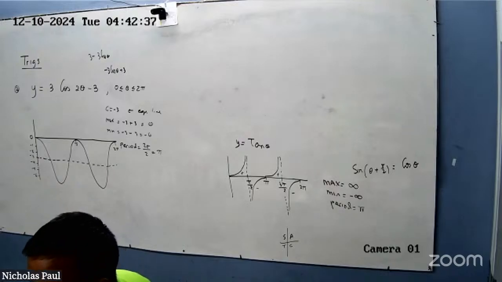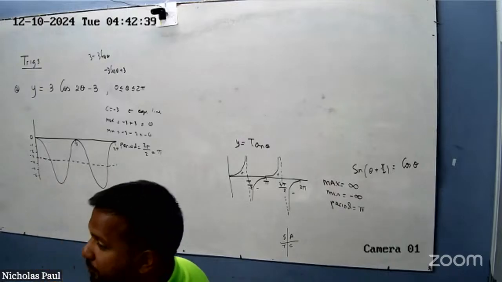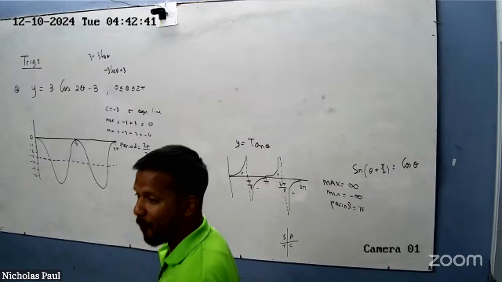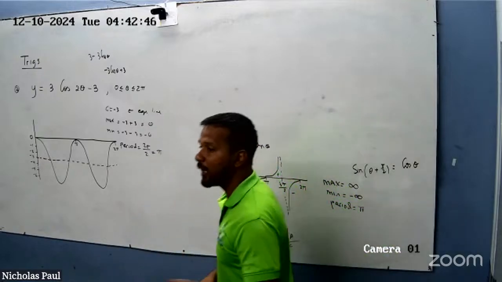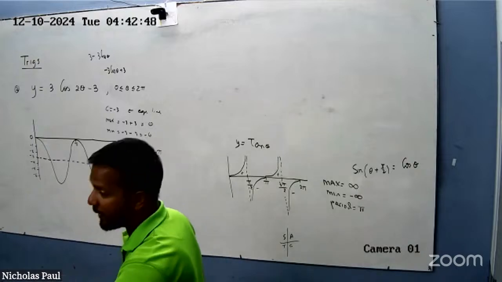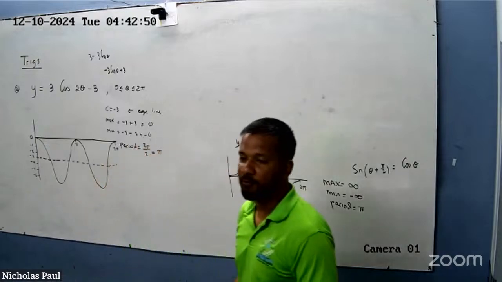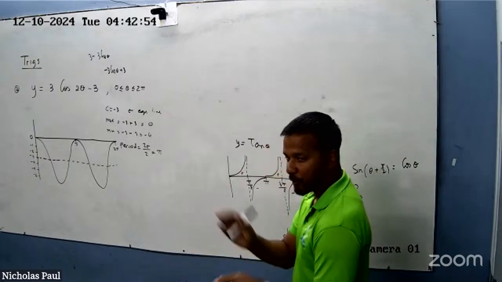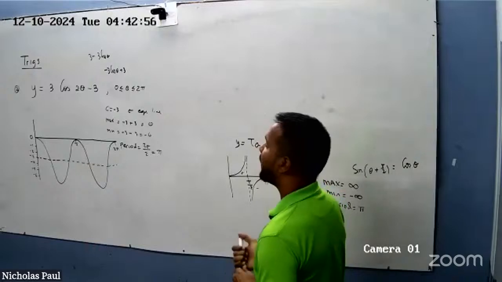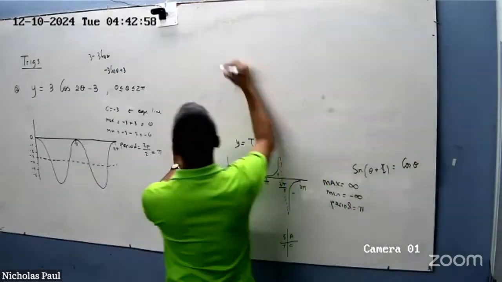The X, like the X axis. Anybody want to have a guess? Huh? It will reflect, right? It will reflect in the x-axis, right? Hang on. It will reflect in the x-axis, right?